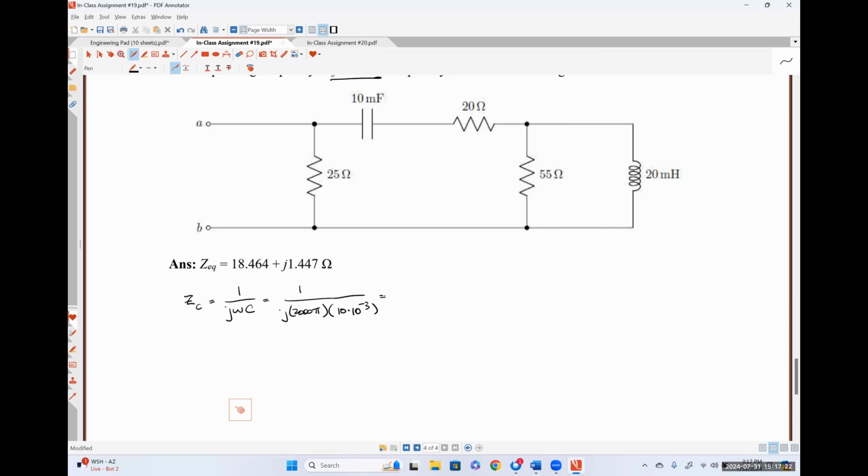So when I put this in my calculator, I got negative j 0.0159155 and some change. So I'm just going to leave it as this. Ohms. Did anyone else get a similar number?